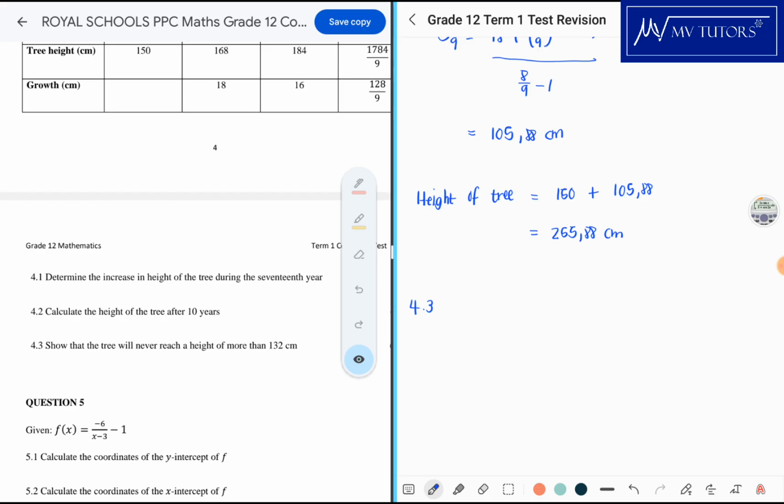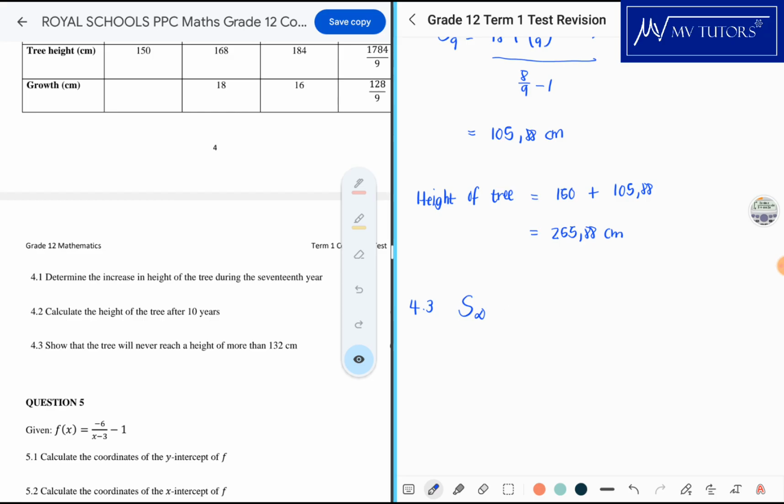All right, first of all, we need to determine the sum of all the heights to infinity, because beyond infinity you won't really get any growth anymore. So I suggest we get the increase in height or the growth in centimeters, and sum it up. Okay, so basically that's infinity.